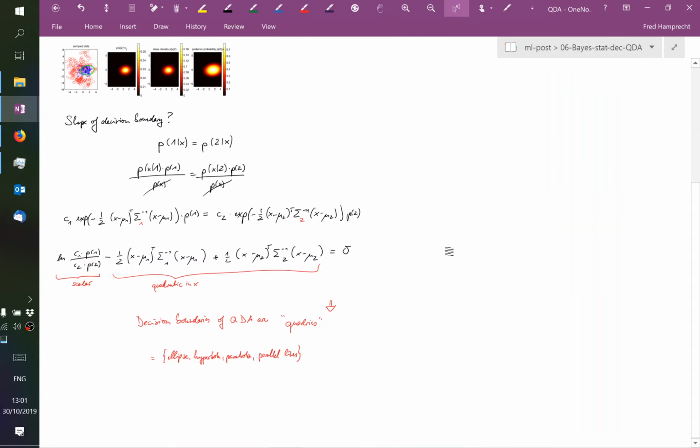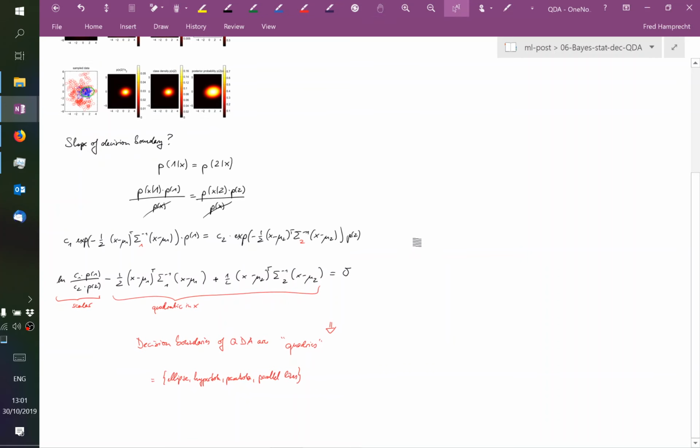Okay, so we've seen why this is a plausible shape. We got out a decision boundary which was an ellipse for these two particular Gaussians that are estimated for the one class and for the other class.